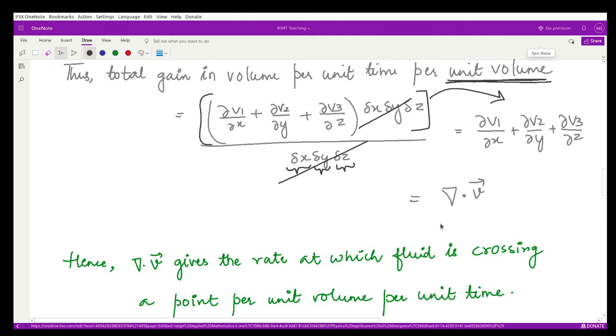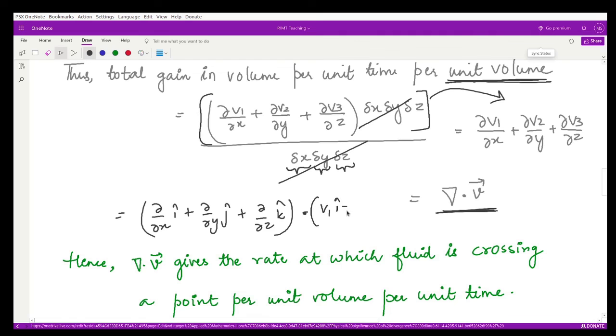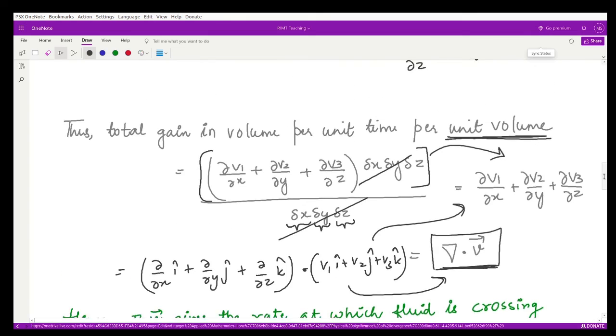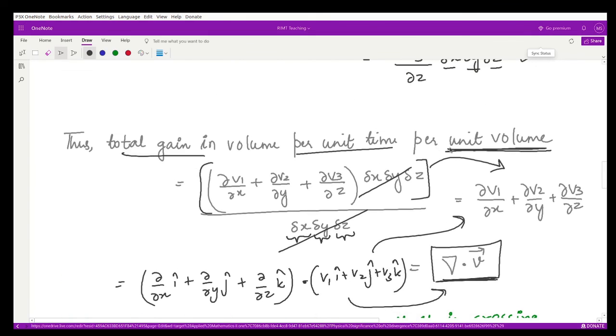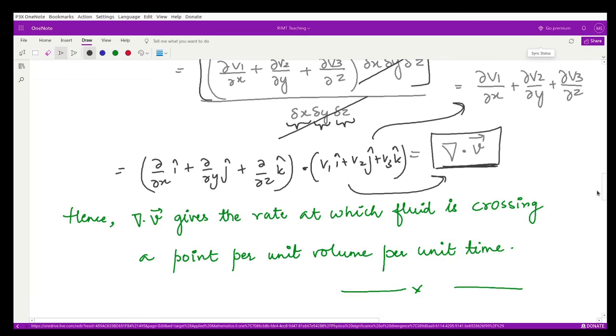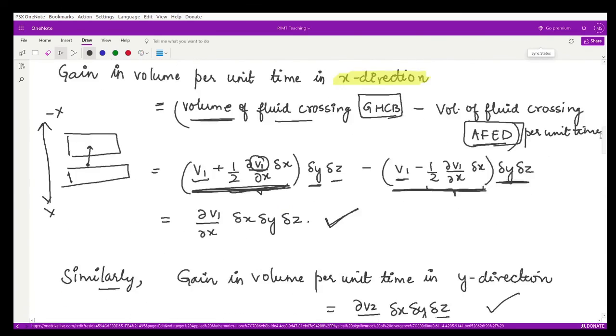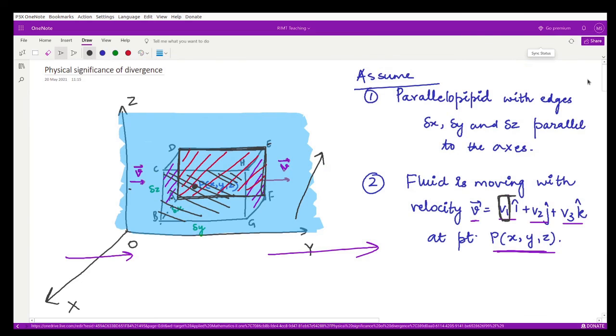This is the divergence of the vector v, because you could write this as del by del x i cap plus del by del y j cap plus del by del z k cap, dotted with the vector v1 i cap plus v2 j cap plus v3 k cap. So this is equivalent to this quantity. Actually, divergence tells you how much is the gain in volume per unit time, per unit volume of a particular fluid. That is the meaning of divergence.